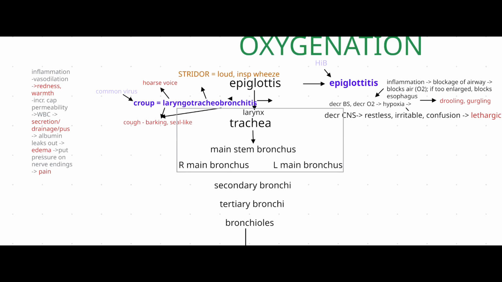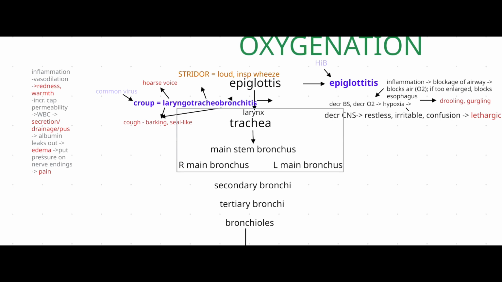If it's more severe, how do we know that the croup is more severe though? What happens to the signs and symptoms that we see here? They go away. The stridor is decreased. That's not a good thing because that means that the airway is closing up. And then how do we know that that's a bad thing?